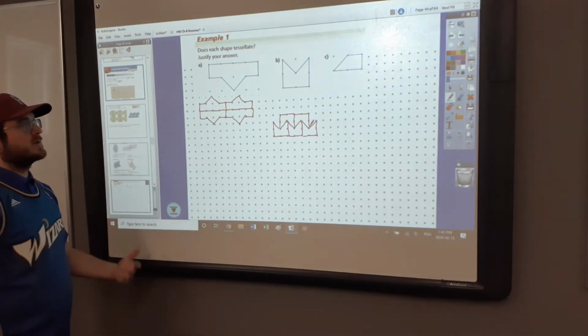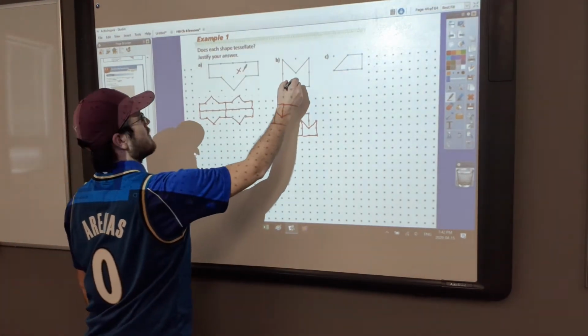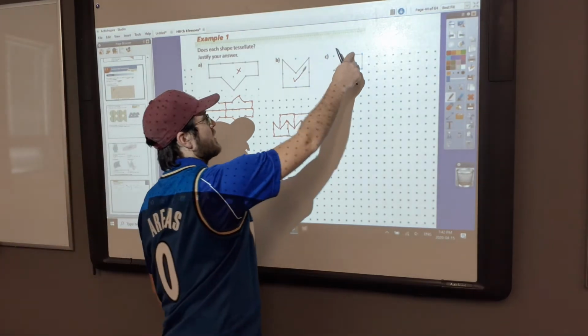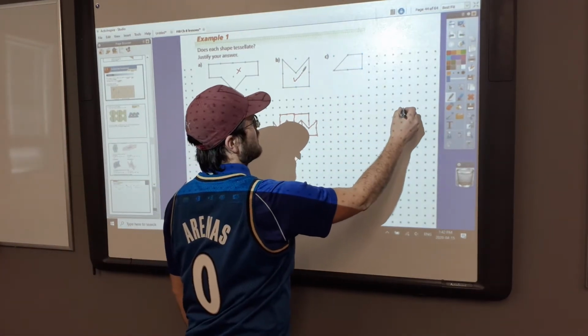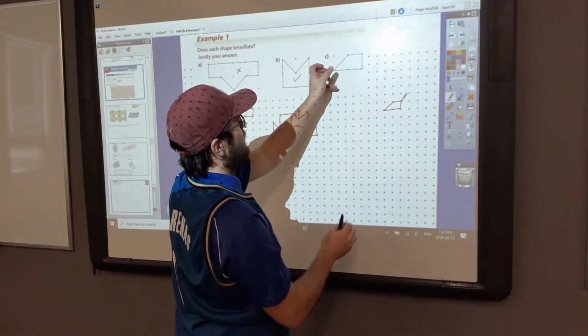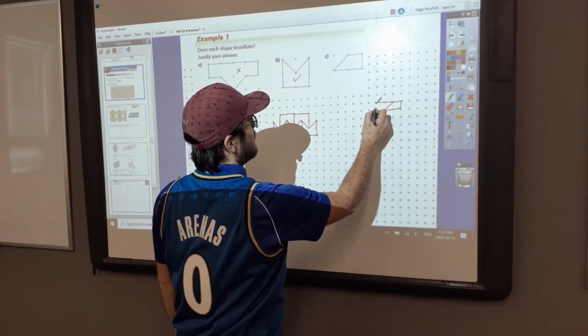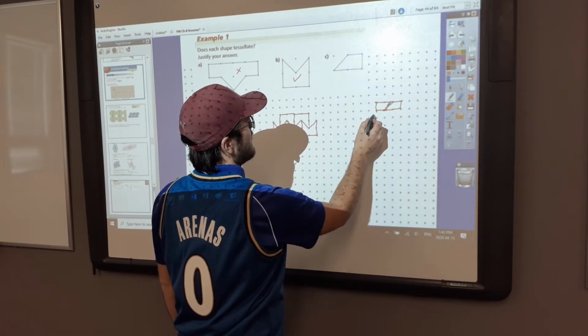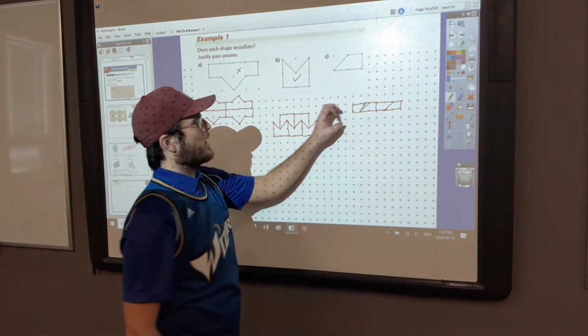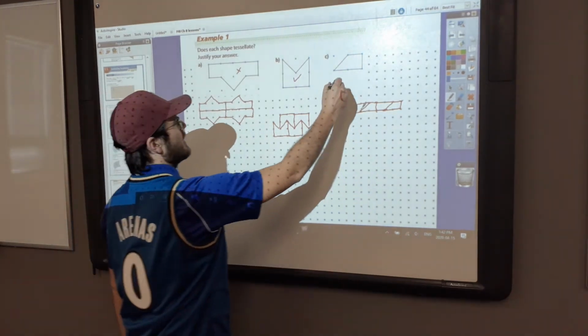So B does indeed tessellate. This one won't work for a long period of time. This one will. Okay, this shape here, a four-sided shape, again, you can play around with it and see if it's going to work. If I just flip that one around and did one of these, then you can see that it is going to tessellate every time, if I just kept that pattern going. So this one can as well.